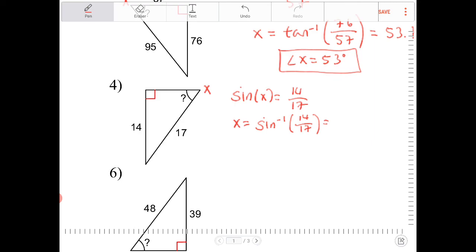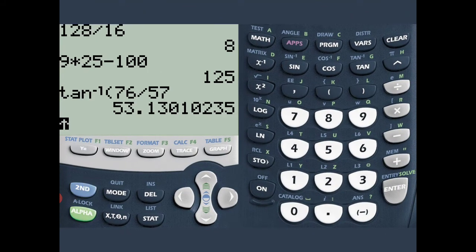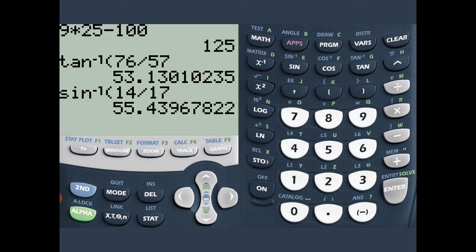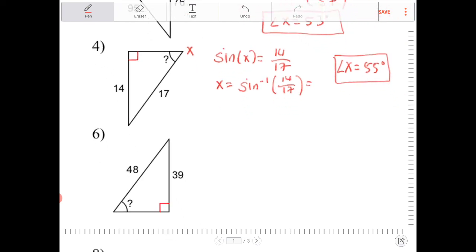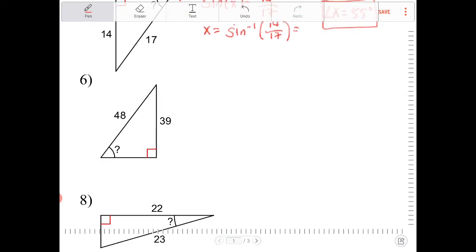And what exactly is that? I'm going to go into my calculator. Arcsine of 14 seventeenths is equal to 55.439, but they want us to round to the nearest degree, so angle x is 55 degrees. Again, very similar. I'm going to call this one x.